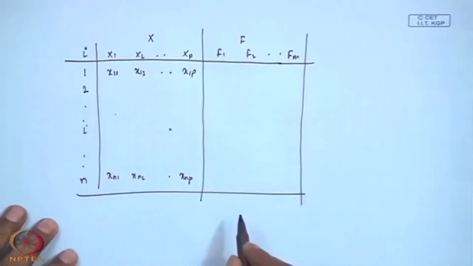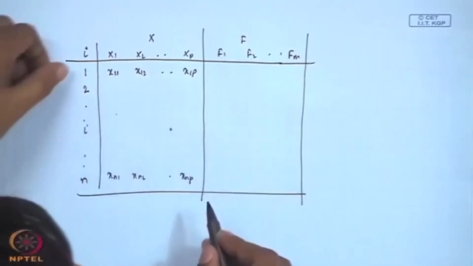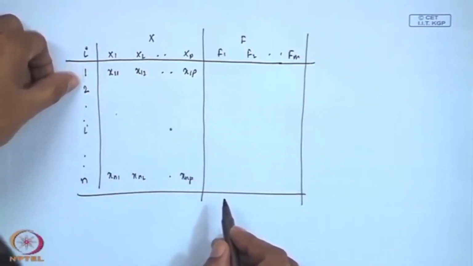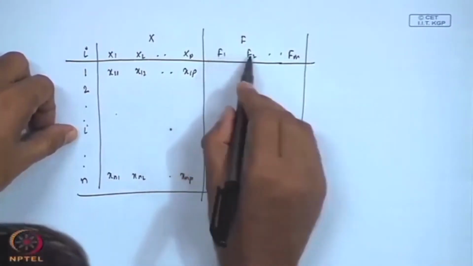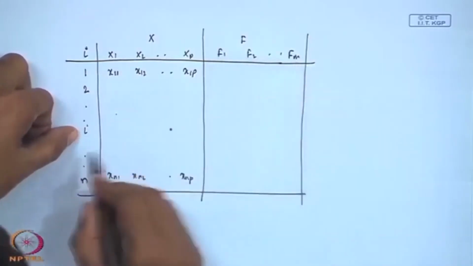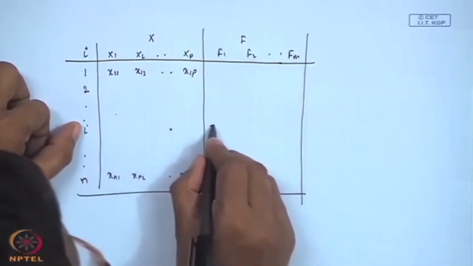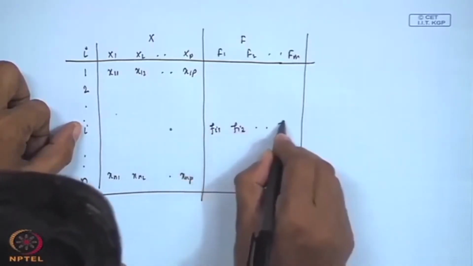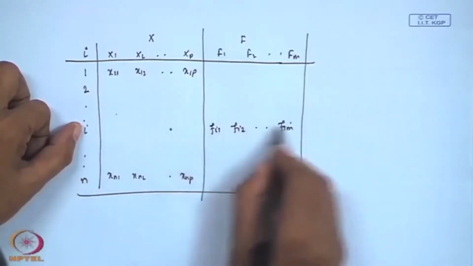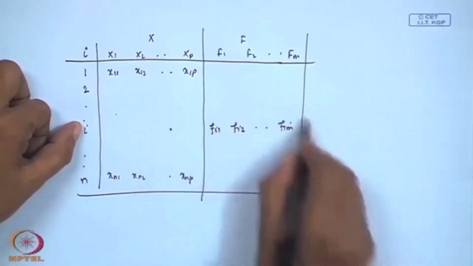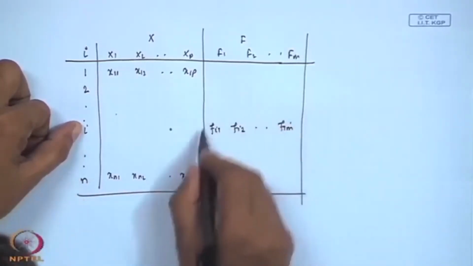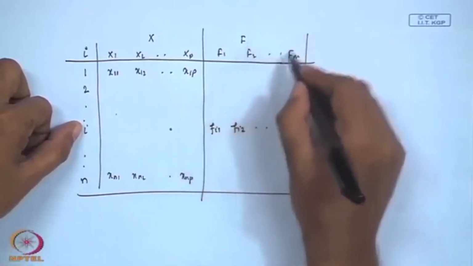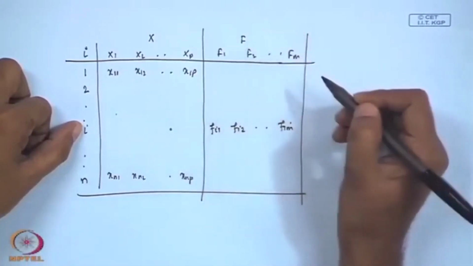You are interested to know that for my ith observation, what are the values of F1, F2 and Fm. For example, Fi1, Fi2, like this Fim, this is an ith multivariate observation on all the factors.